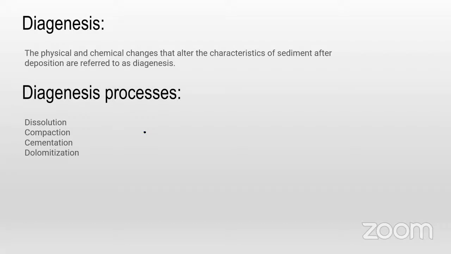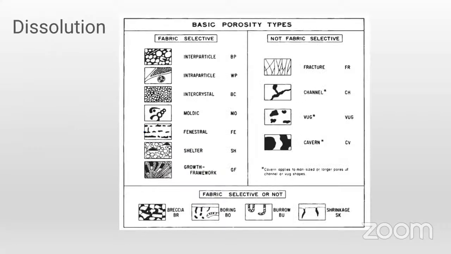Why? Because they can create or increase the porosity, or they can reduce it. For example, cementation can reduce the porosity, dolomitization can increase the porosity, and dissolution can create pores that are important for us as reservoir modelers.